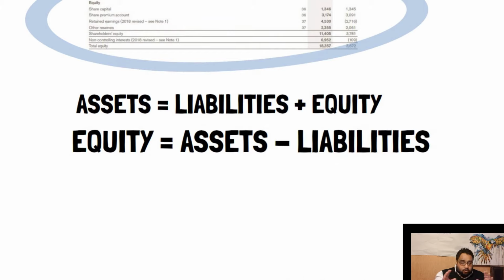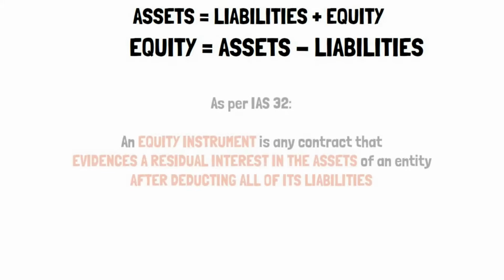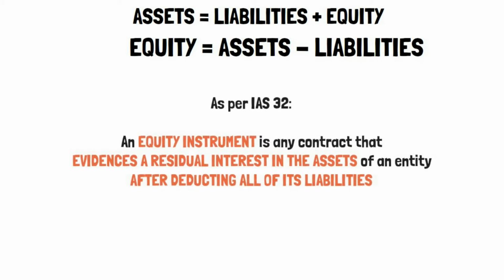And that's quite important because that's the basis of the definition of equity within IAS 32. So as per IAS 32, an equity instrument is any contract that evidences a residual interest in the assets of an entity after deducting all of its liabilities.